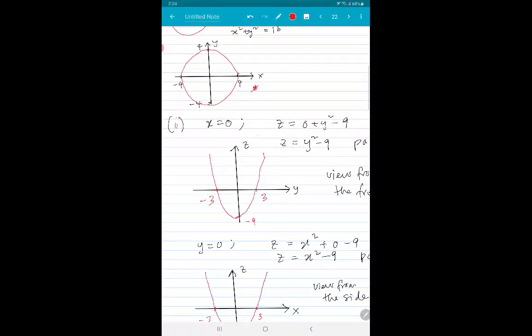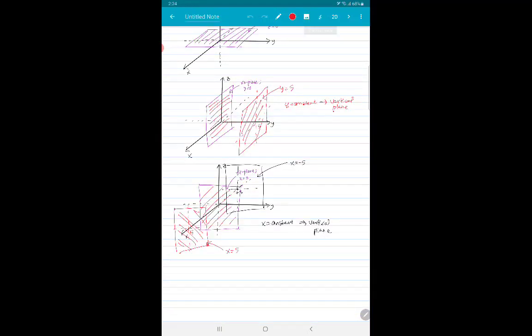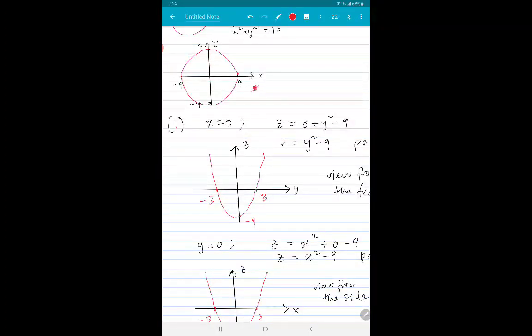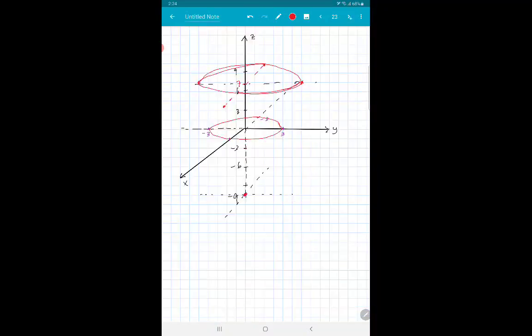This one is on the x equals 0 plane, a vertical plane, the YZ plane. What we have there is a parabola open upwards, intersecting the z-axis at -9 and the y-axis at -3 and 3.